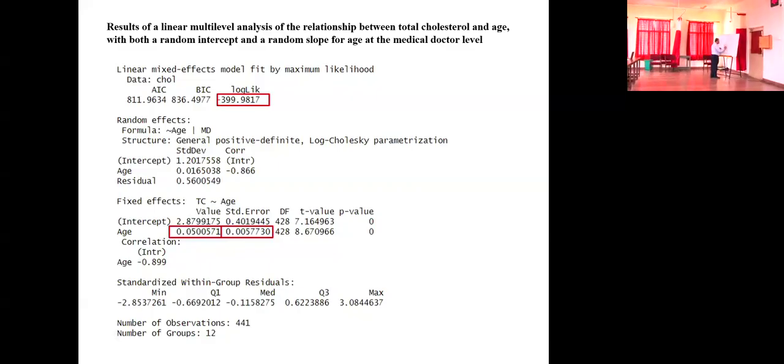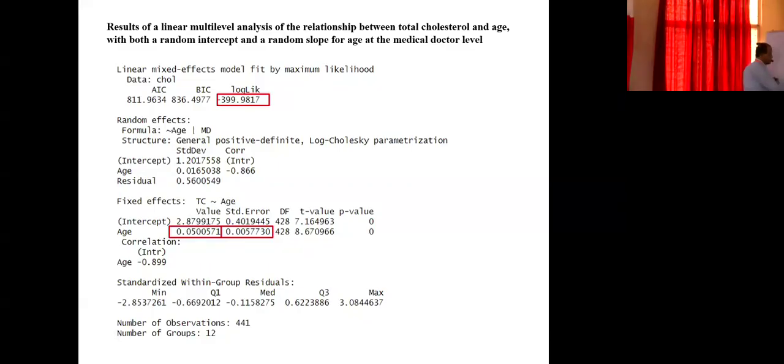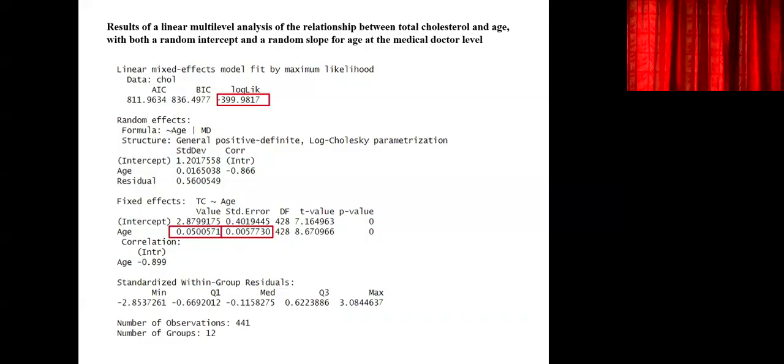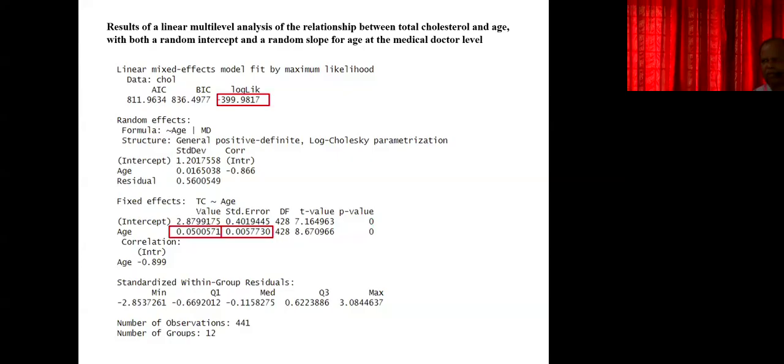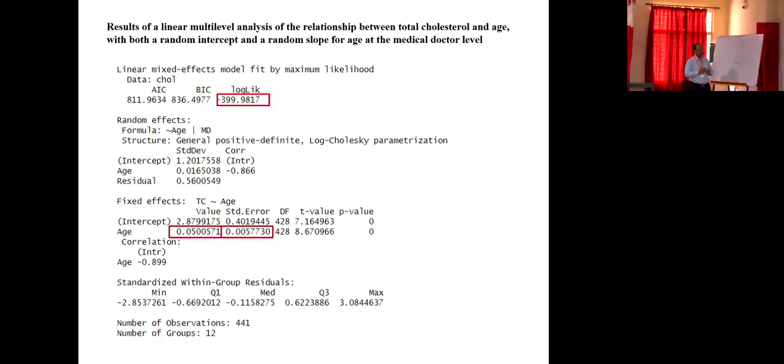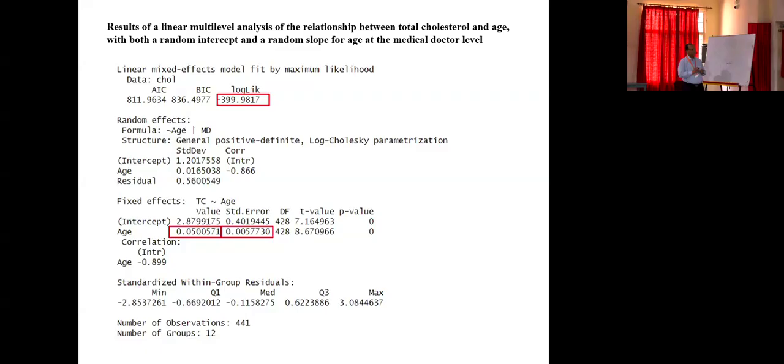So total variance. How much is the total variance here? 1.2 plus 0.01 plus 0.56. Am I right? Okay. 1.7 or 1.8.